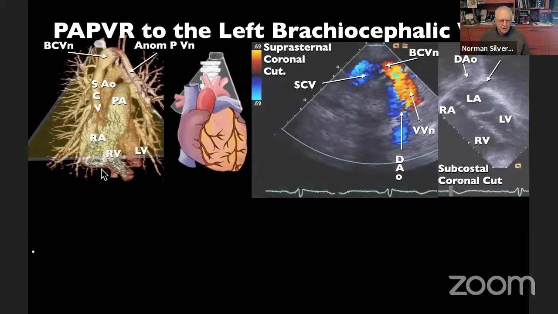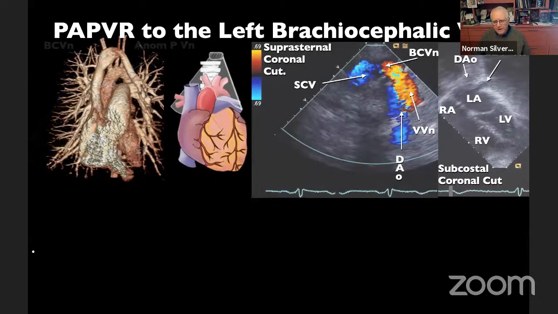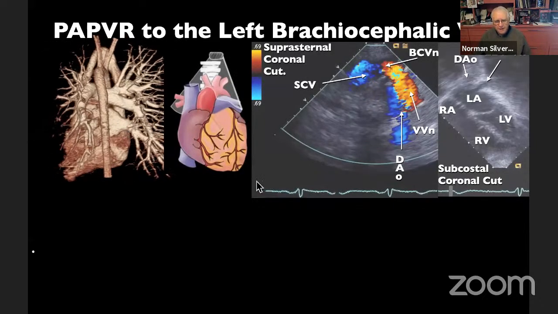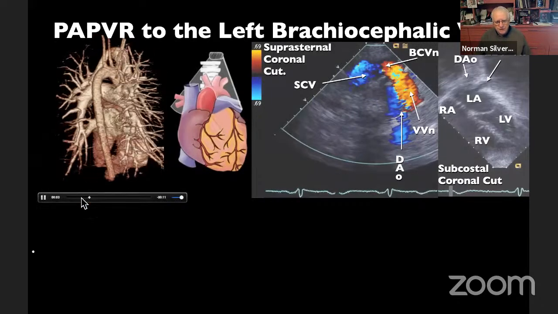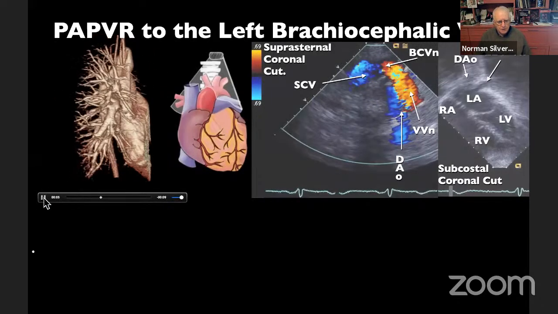And when the submammary incision was done, the atrial septal defect could be recognized, but somehow or other they failed to recognize that there were also anomalous pulmonary veins draining through a vertical vein into this brachiocephalic vein and superior cava. And the patient came to our institution for an echocardiogram, and this is the CT scan, which I'll go over with you in a moment.